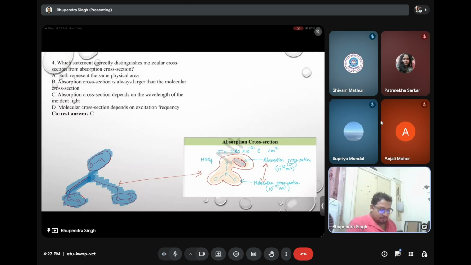So option A is wrong, B is also wrong. And what about D? Molecular cross section depends on excitation frequency. What do you have to say about this statement?